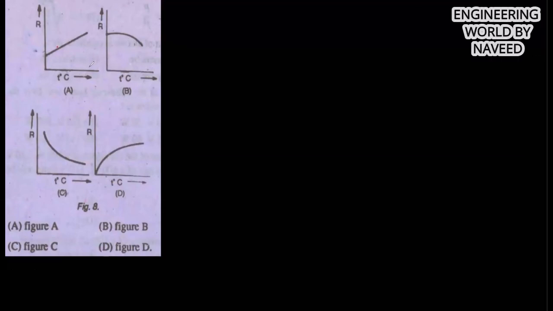Copper will have a positive temperature coefficient, which means that the resistance value will increase if you increase the temperature. So for this it is a decrease, for this it is a non-linear increase, for this it is also a decrease. So option A is the correct answer. And also copper has some sort of resistance. If your temperature is equal to 0 degrees, then it still has some resistance. So option A is the correct answer, figure A.